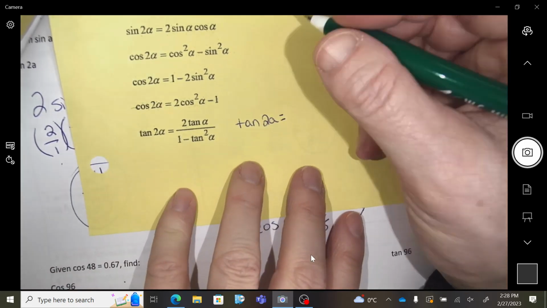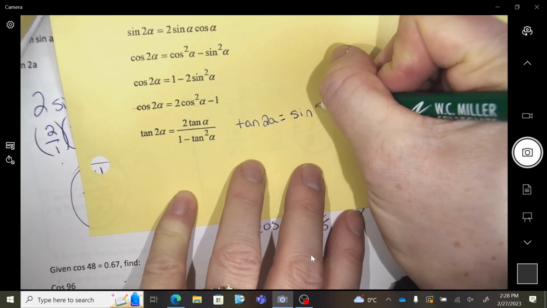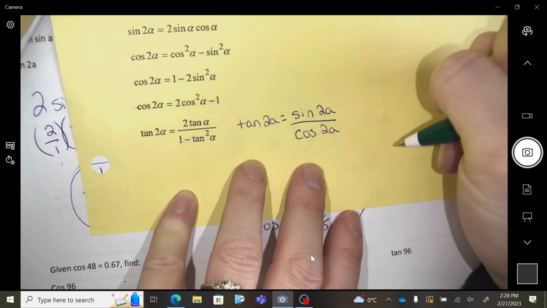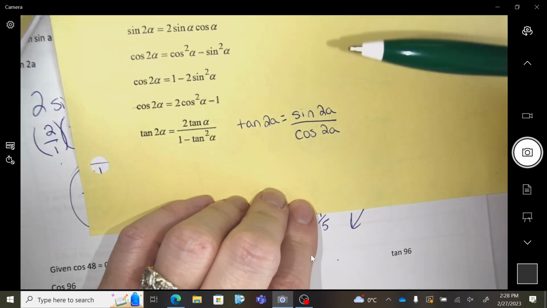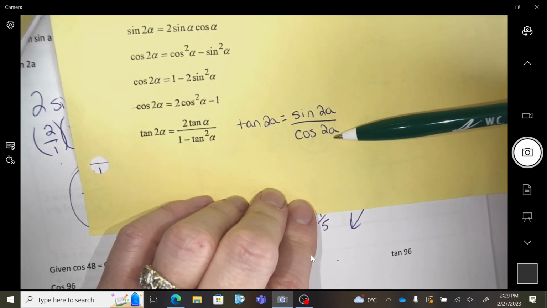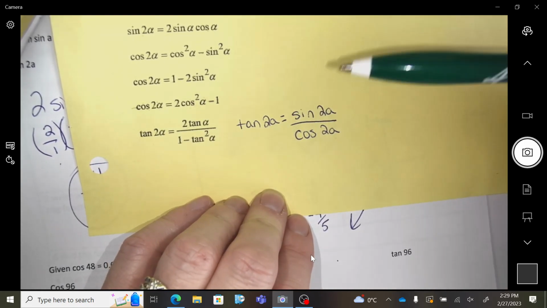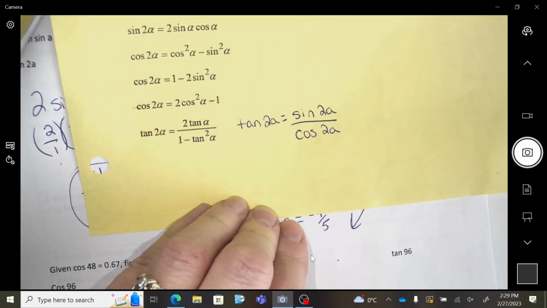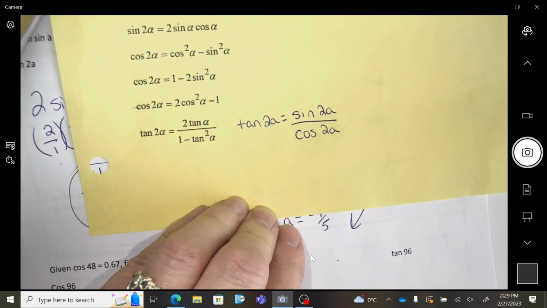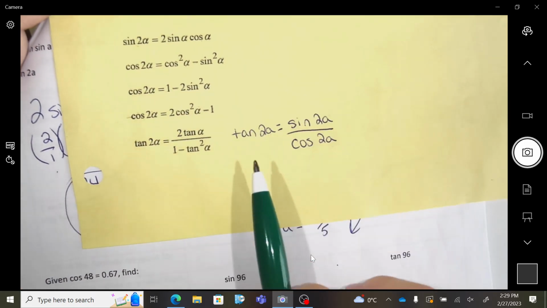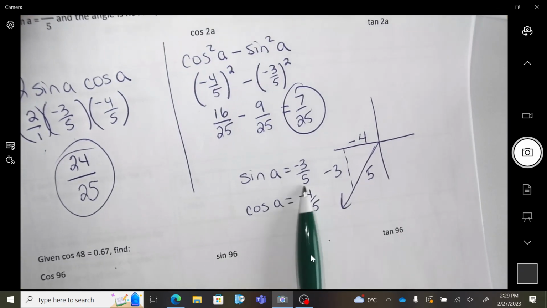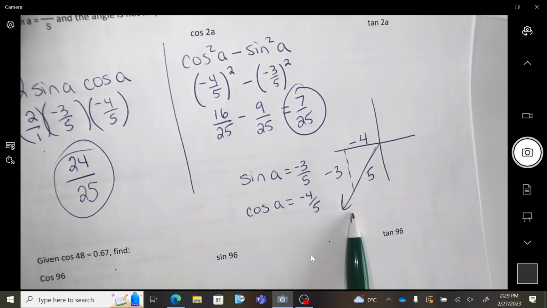So in replacing the y, that's the sine value divided by the cos value. And if I'm doing it of the double angle, then I'm doing this with the double angle. So that's actually what I'm going to use. And the reason I'm going to use it is because I already have those numbers ready to go. Otherwise I would have had to use that formula and we would have had to get our trig ratio for tan.